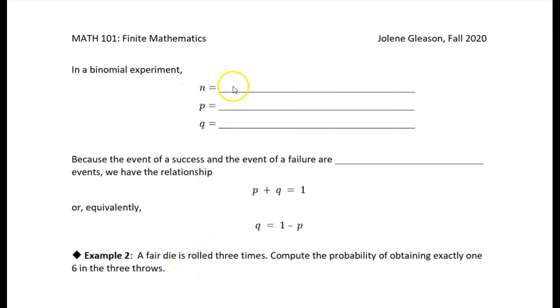Before I get started, I'm going to define some variables. My variable n is the number of trials in a binomial experiment. P is what we're going to call the probability of success, however we want to define success.